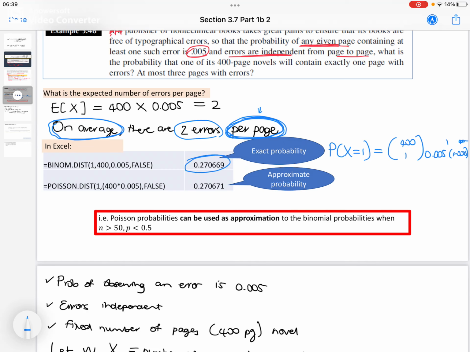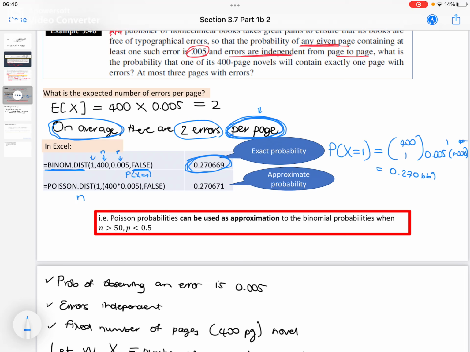In Excel, this is calculated using the function BINOM.DIST with the value of your random variable, your n, your probability of success p, and false means we're calculating the exact probability, not cumulative. This probability is 0.270669.